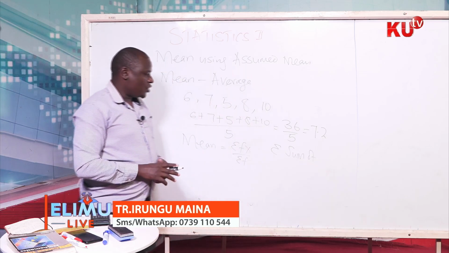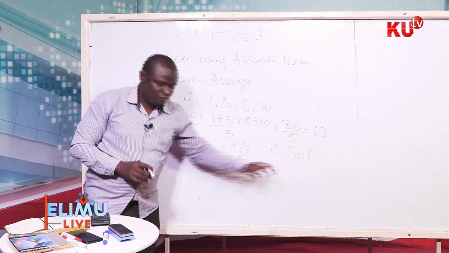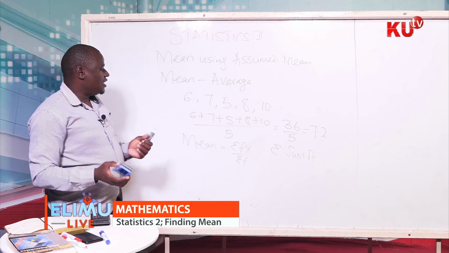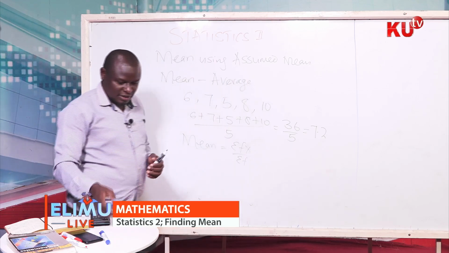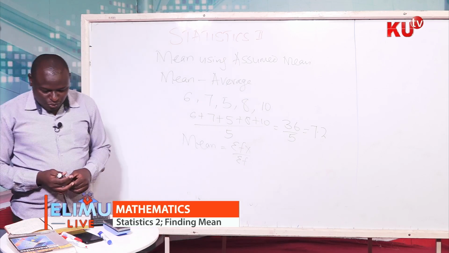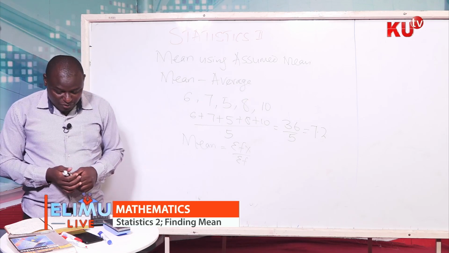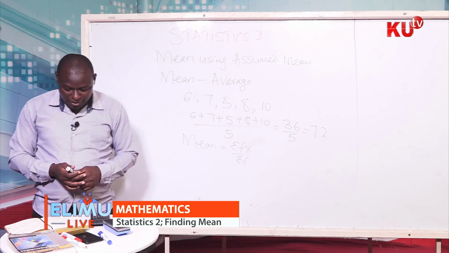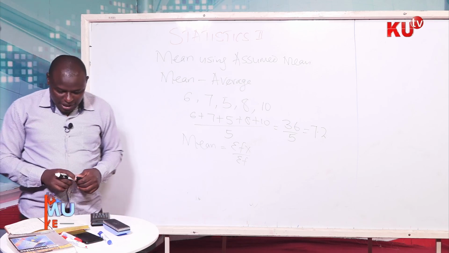So it should not worry you. This symbol represents sum of. Now, how do we get mean using assumed mean? That is what we want to concentrate on today. And all of us, at the end of the day, we shall have agreed that this is a good method and it is an alternative method of calculating the mean.